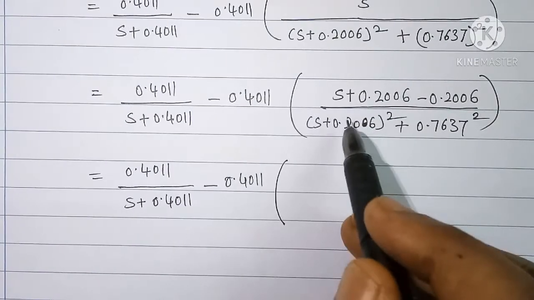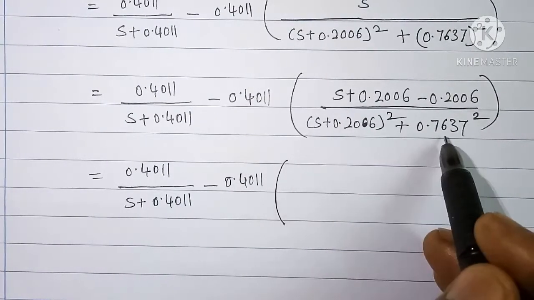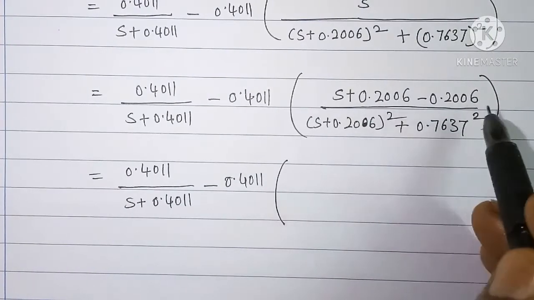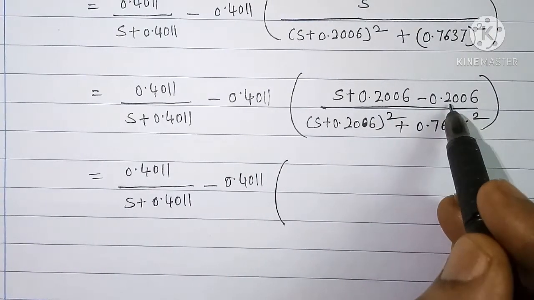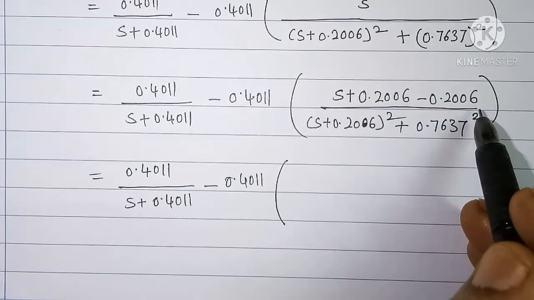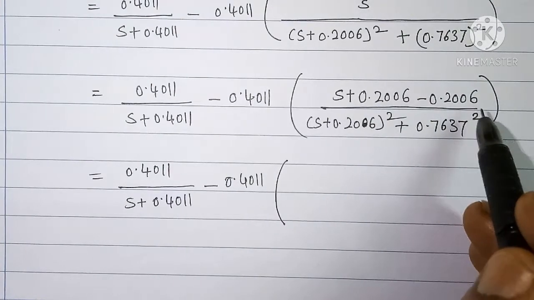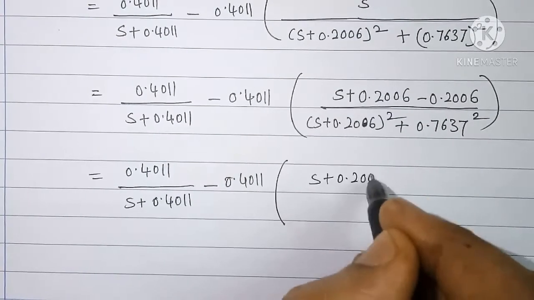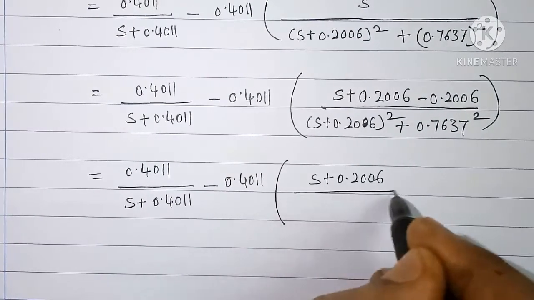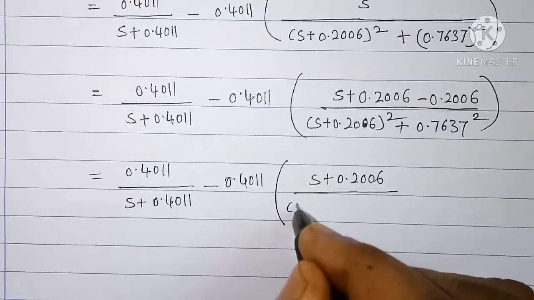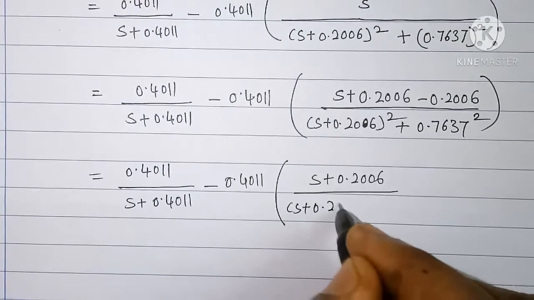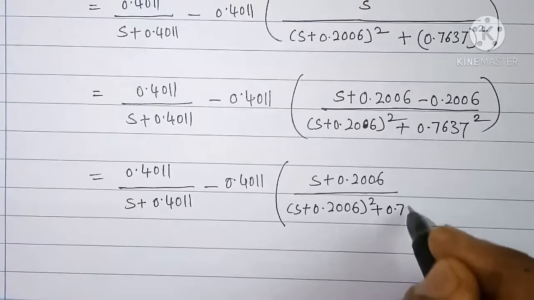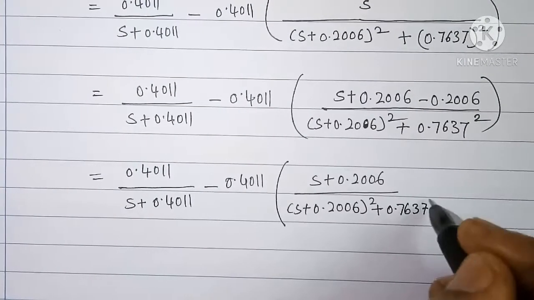Now taking the denominator separately, s plus 0.2006 by s plus 0.2006 whole square plus 0.7637 whole square.